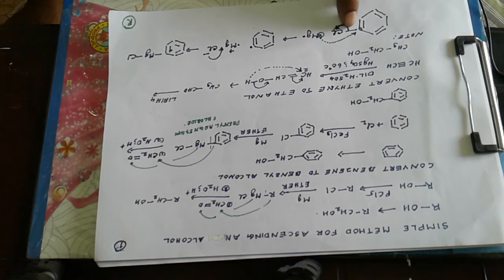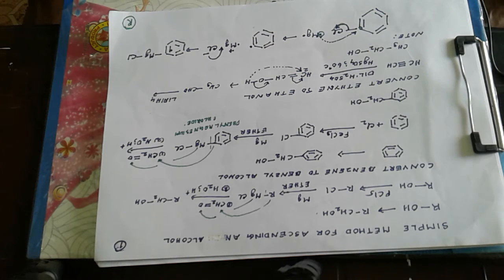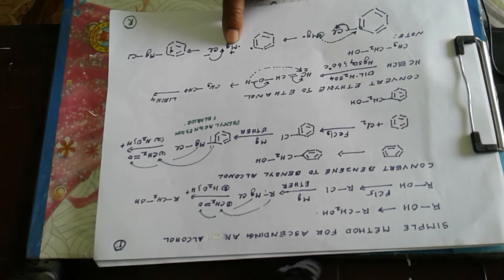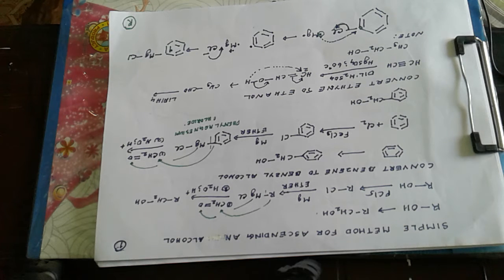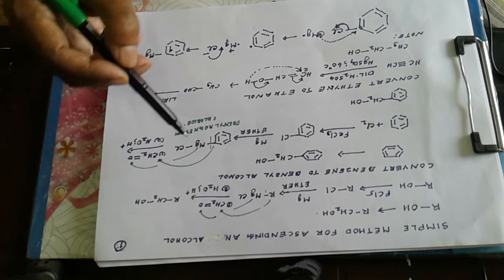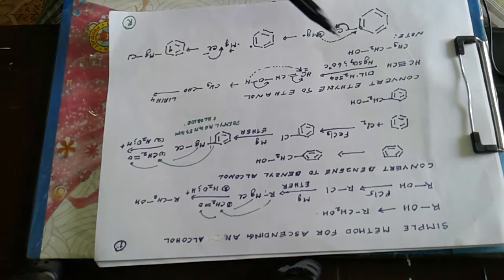So this bond no longer has double bond character, so that a free radical mechanism favors the formation of phenyl magnesium chloride. So that is the formation of benzyl alcohol from benzene.